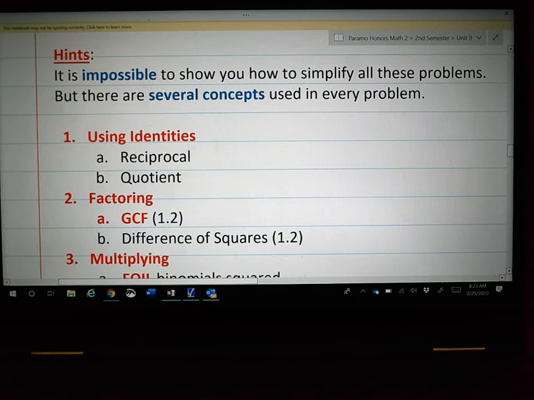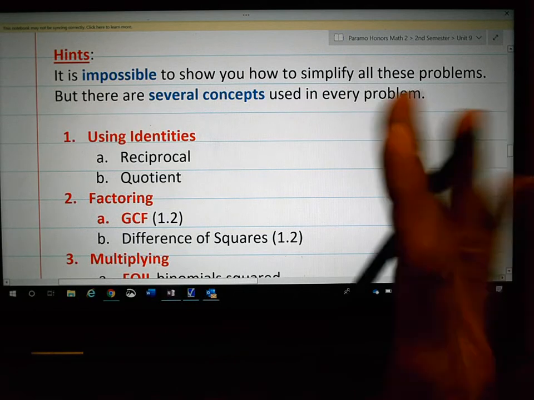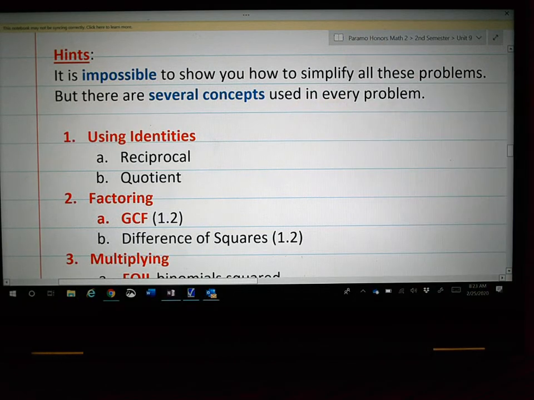Now that we are done talking about where those come from, now we're going to get into the meat and potatoes of section 6, and this will even lead you into section 7. Meaning, you will have some problems that you have to simplify, and I cannot give you directions on how to handle every single one.